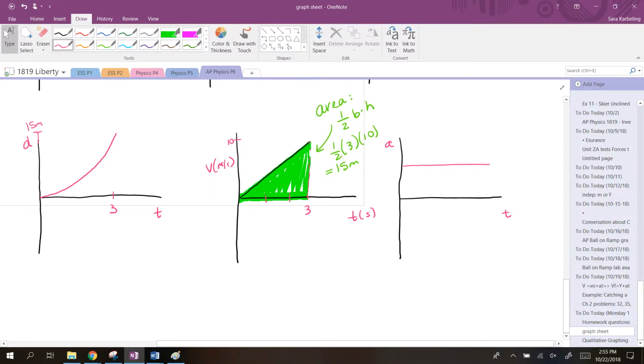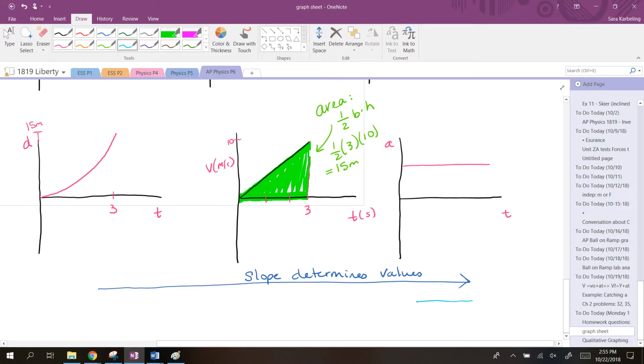So the moral of the story here, ladies and gentlemen, is that if you move to the right on graphs, if you set them up this way, DVA, you're going to look at the slope. Slope determines values.